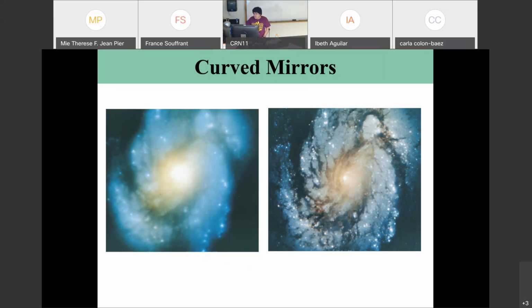What happened there? When the Hubble was launched in the 1990s, in 1990 actually, the image that you see on the left, that was the image that we were getting. So it was a complete disaster. That is because there was a spherical aberration. All right.